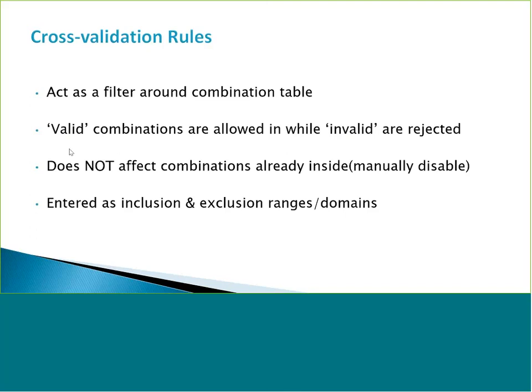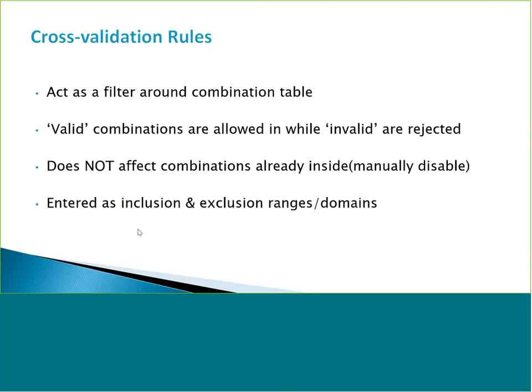The other thing you need to know about cross-validation rules is that they are entered as inclusion and exclusion ranges, or domains. I think this will be better understood once we start actually seeing examples of cross-validation rules and implementing them in our primary ledger. But as a simple explanation, first you define a whole bunch of inclusion ranges that show all accounts that are possible in your ledger, like all possible combinations.